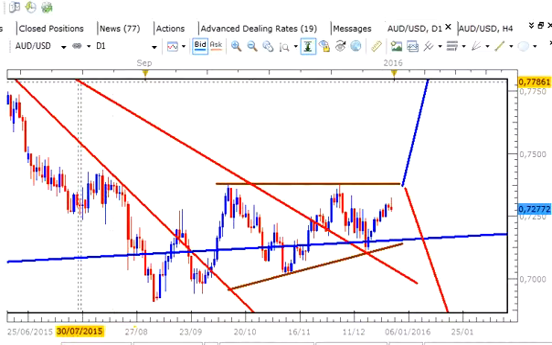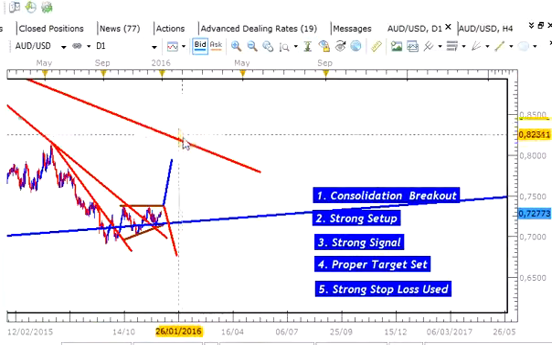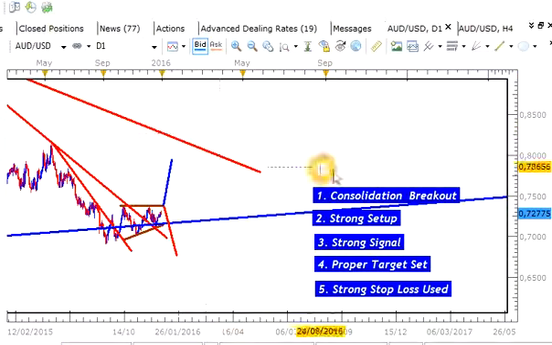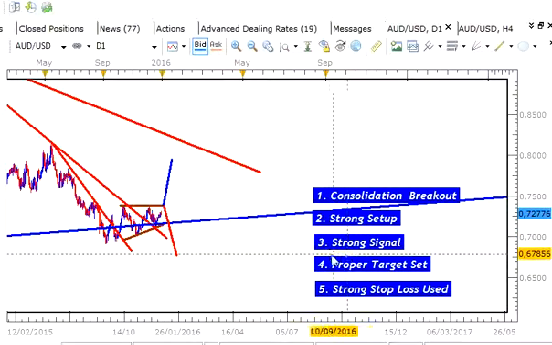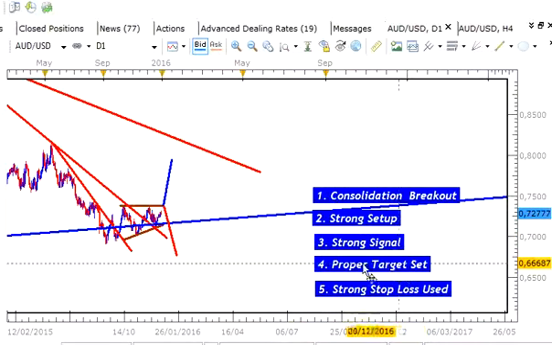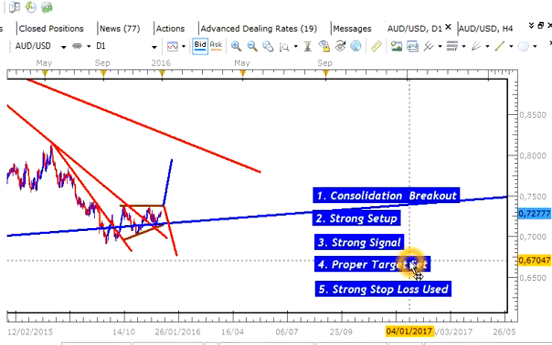So to summarize, with respect to consolidation breakouts, we have to ensure that the overall setup is strong and clear enough. We then have to determine whether or not the signal is strong enough to justify considering it as a trading possibility. Once that is done, we need to determine where the target is going to be, so that we can trade with more confidence towards that target.